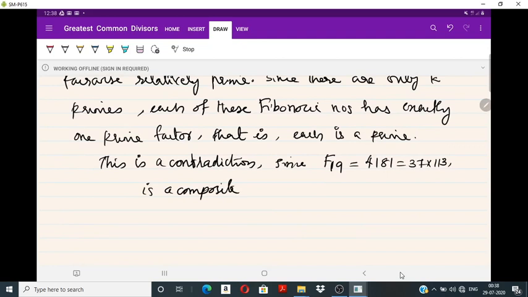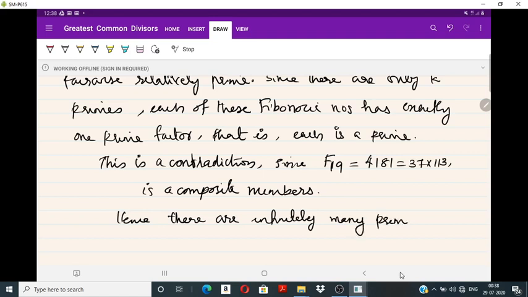So all the Fibonacci numbers being prime is a contradiction. This is obtained because we have assumed that there are only a finite number of primes. Hence, there are infinitely many primes.